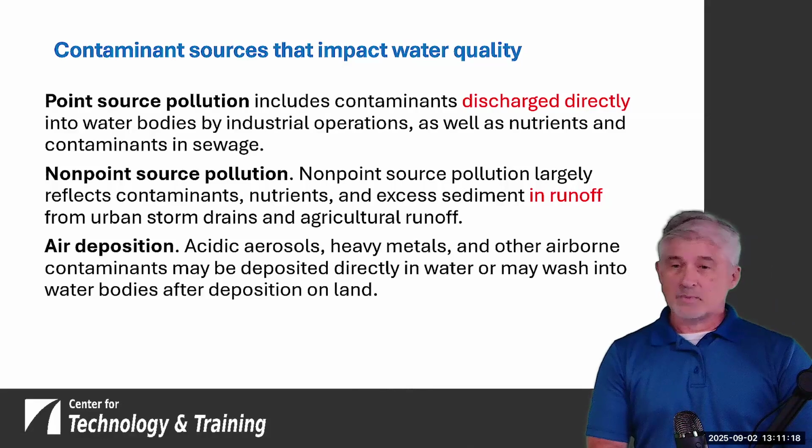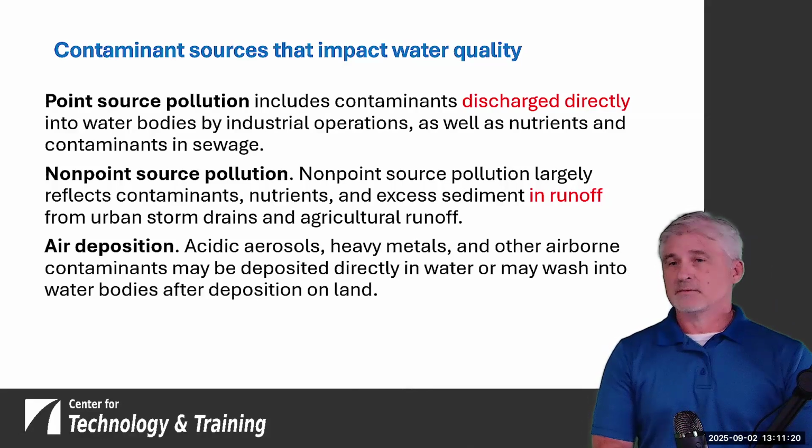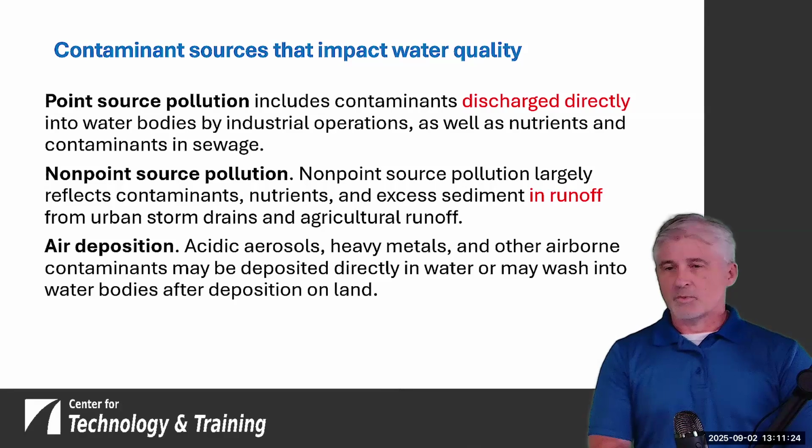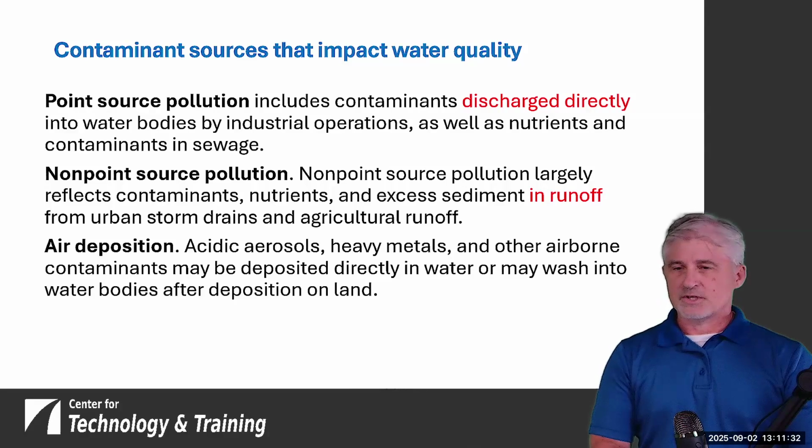It could be urban storm drains that all add up to what we consider non-point source. And as I said, that's a little harder to put a source to. Quite often it could be just water running off a farm field.